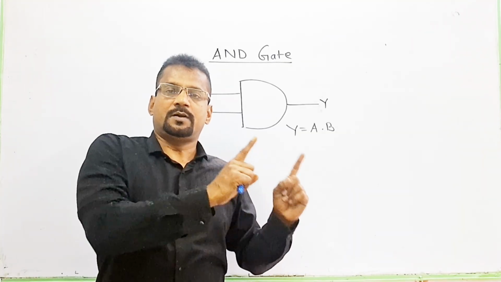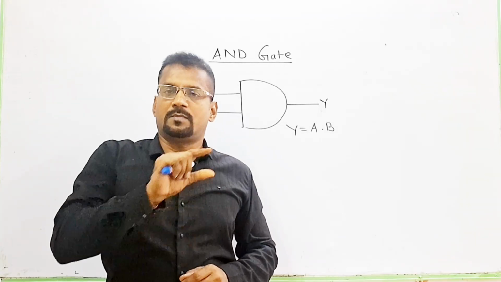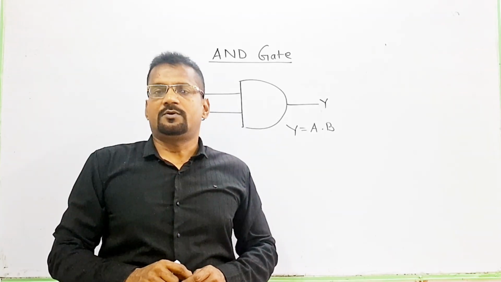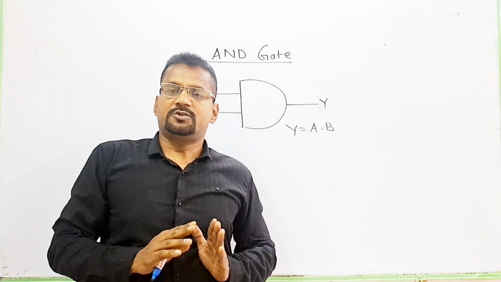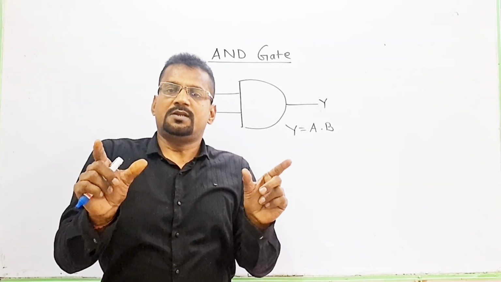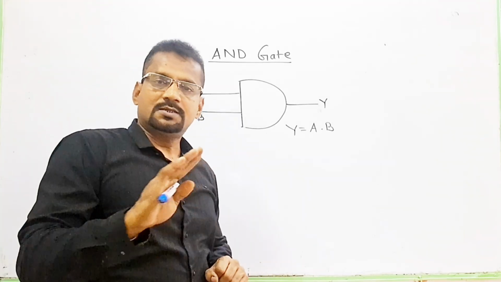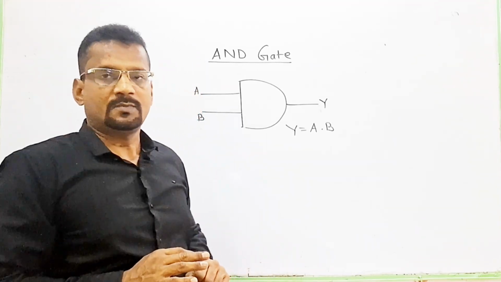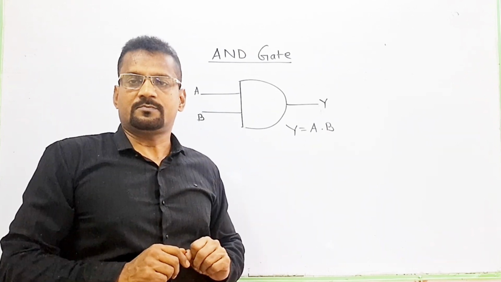Now if I say 5 is greater than 3 and 2 is greater than 5, my statement is false. What does it mean? A compound statement is true only if both component statements are true. Here, instead of true and false, we are going to use 1 and 0.